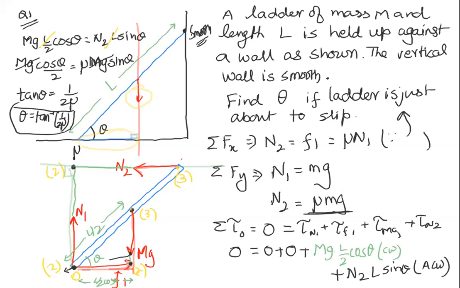If you reduce this to a point particle, then you would get N1 equal to mg, N2 equal to mu mg, F1 equal to mu mg. But that is the end of the analysis of this object as a point particle. It is only when you consider this object as an extended object and apply the concept of torque on it that you can get additional information. It makes a lot of sense. A point particle cannot make an angle theta with anything, whereas a ladder can.